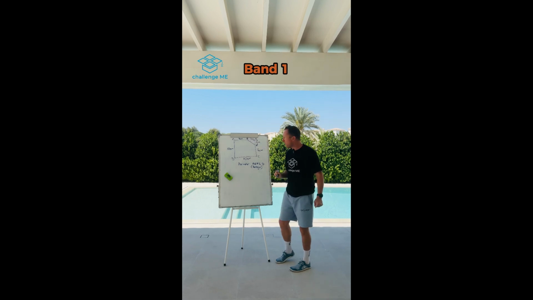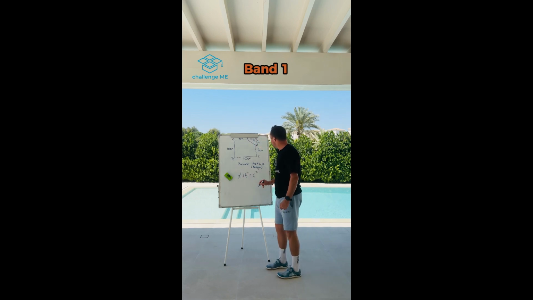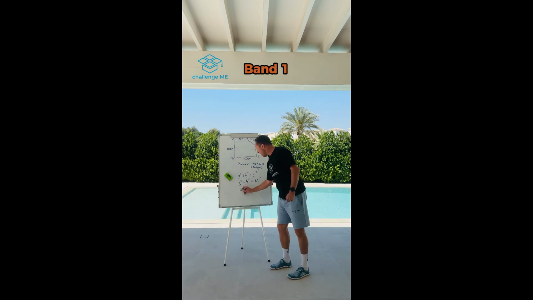So I feel a famous Pythagorean triple coming up. So to find EF, we'll use a squared plus b squared equals c squared, where a will be 3 squared plus 4 squared equals our EF squared. So 9 plus 16 equals EF squared.